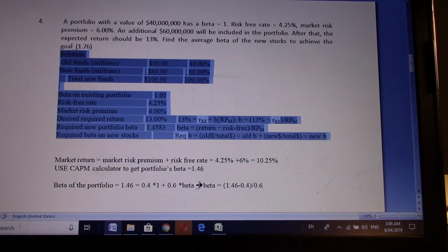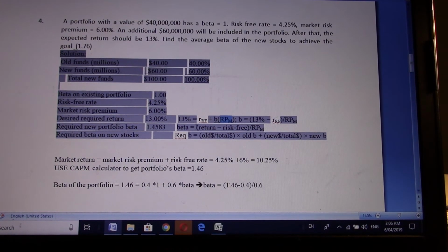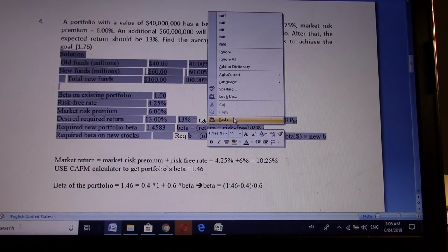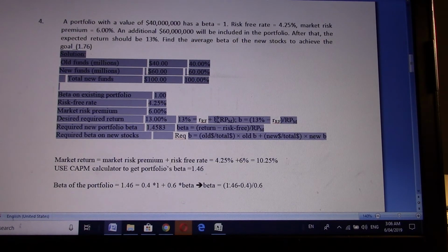But if you use the CAPM model, you can use the RPM directly. So you see stock return equals risk-free rate. RF stands for risk-free rate, RB stands for beta, and RPM stands for market risk premium here. Okay.